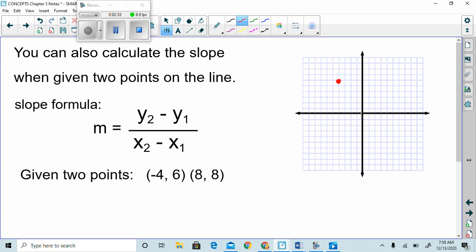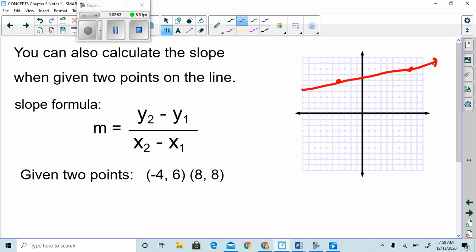And I could graph the other one as 8 and 8. Let me do that a little clearer. 1, 2, 3, 4, 5, 6, 7, 8, and up 1, 2, 3, 4, 5, 6, 7, and 8. And there's my line, okay?